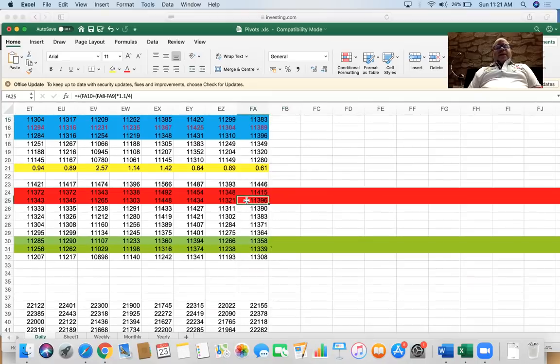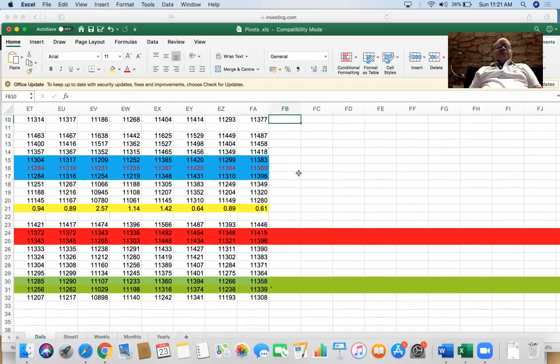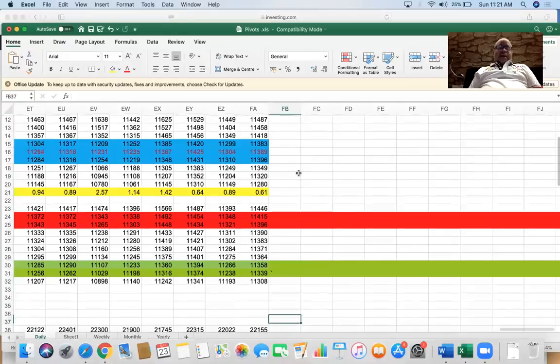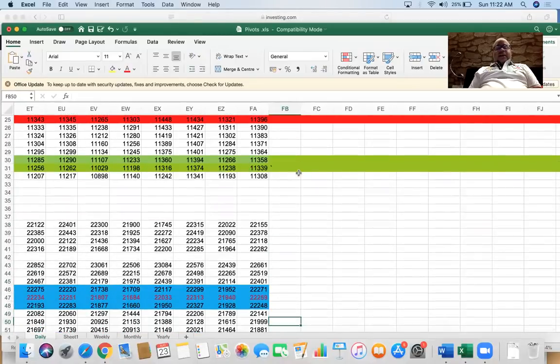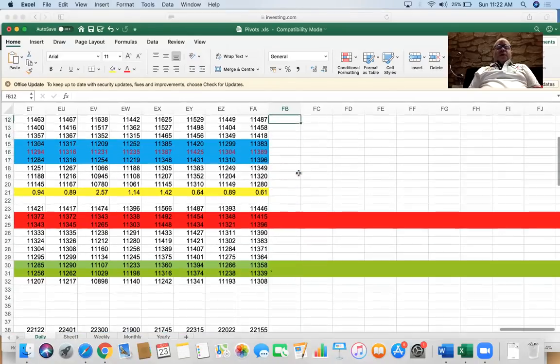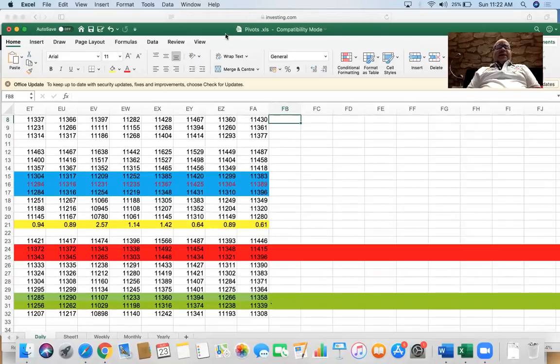So your intraday stop will become 11,390 thereabouts, and your intraday target will be possibly 11,450, 460, and then 11,487. On the Bank Nifty, your intraday targets will be 22,519 and 22,661.